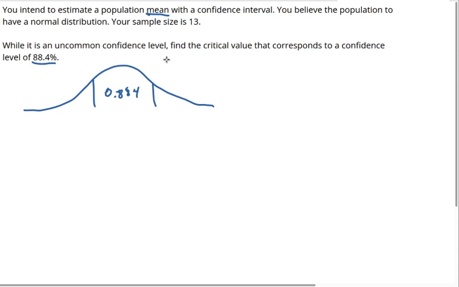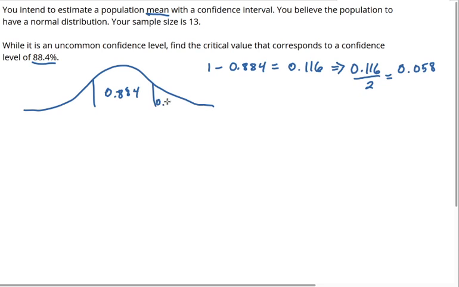And that leaves me with, for the tails, 1 minus 0.884, which is 0.116. Now, if I split that into both of my tails, then that's going to be 0.116 divided by 2, which gives me 0.058 for each tail.